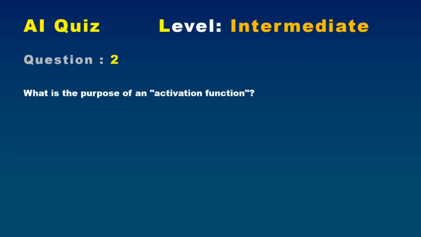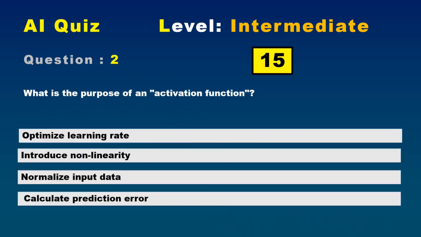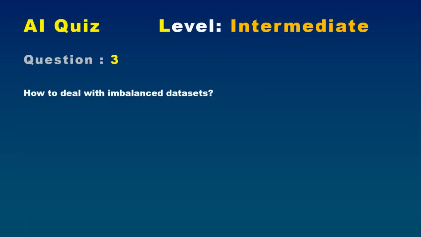What is the purpose of an activation function? How to deal with imbalanced datasets?